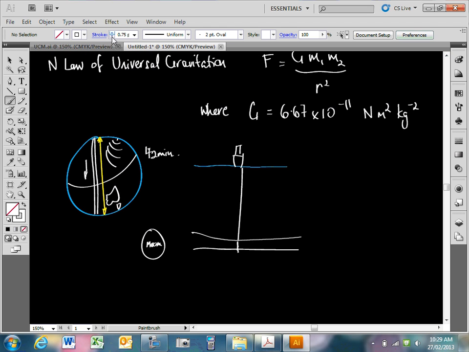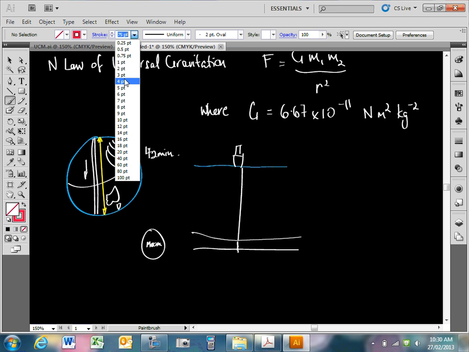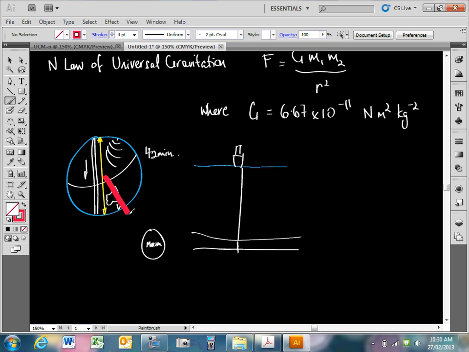What do we know about the Earth and the moon and the forces? If I draw this arrow here, we'll draw it a little bit fatter. So the Earth pulls the moon, doesn't it? With a force. What does the moon's force look like?